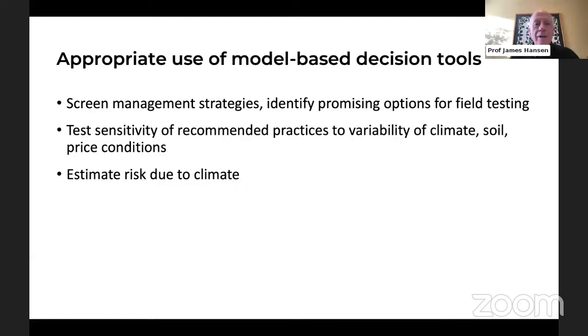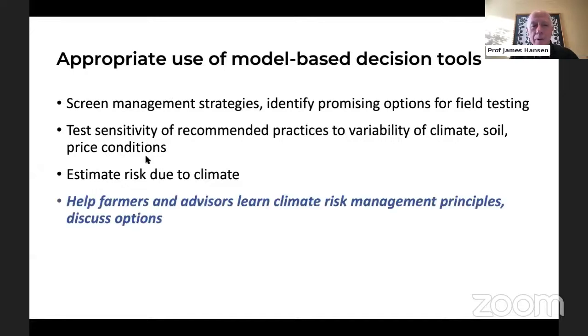It allows a researcher or an agricultural advisor to estimate how risky a particular management is in the face of climate variability. And all these things together make model-based tools a useful resource to help farmers and advisors learn climate risk management principles, ask the right questions, discuss options together.